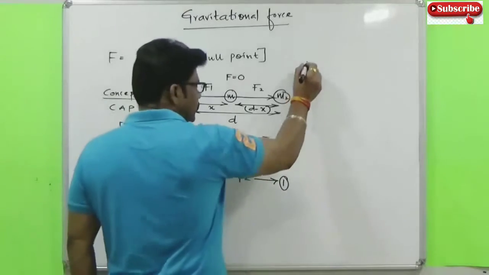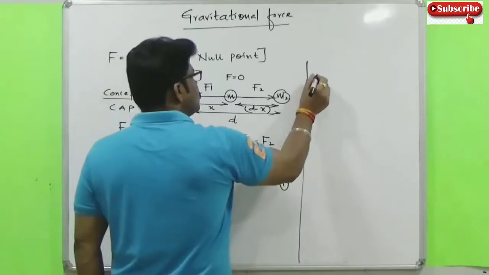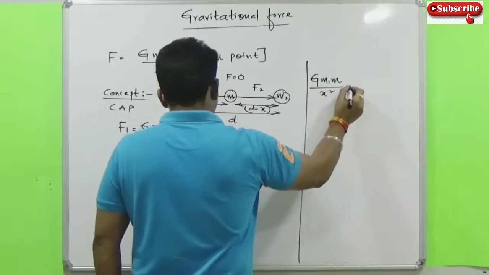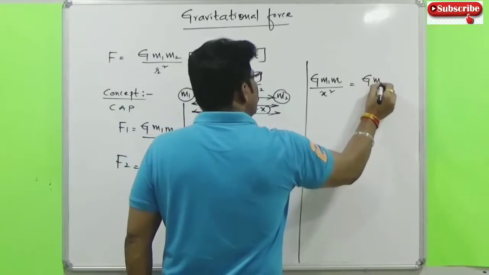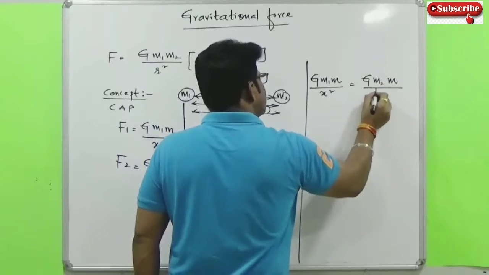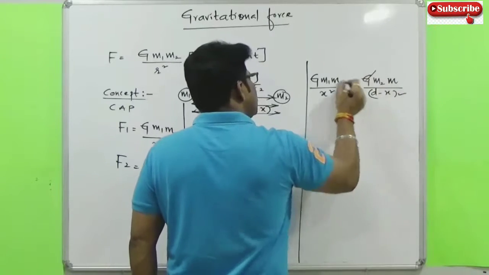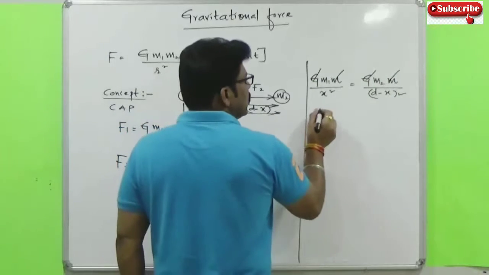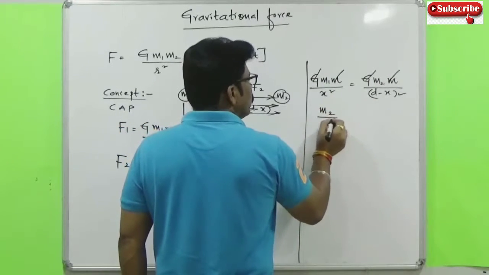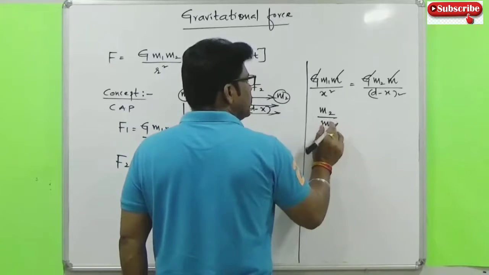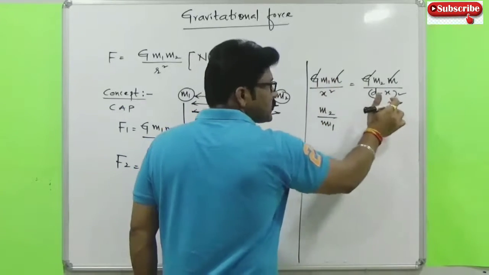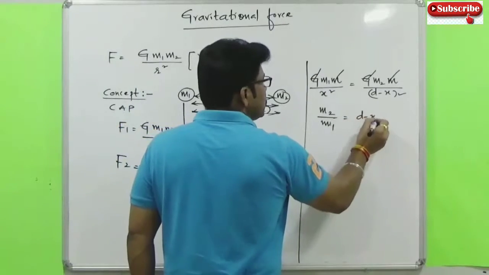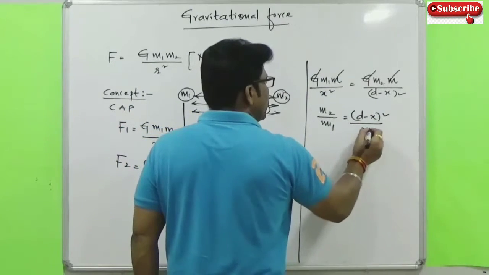Now if I substitute, F1, that is G into m1 m by x square, equals G into m2 m by D minus x whole square. So G and m will get cancelled. Then I cross multiply and rearrange the equation: m2 by m1 equals D minus x whole square divided by x square.